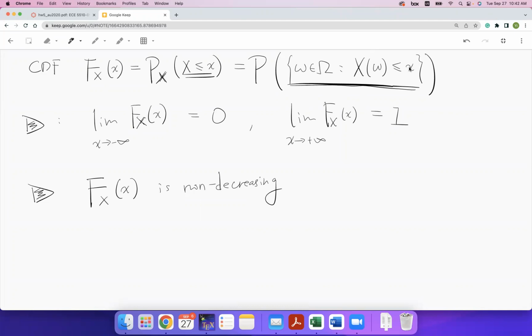Now, if this threshold is increasing, then this condition is further relaxed. So this is a weaker condition, and it is possible to include more and more outcomes into this event. And by the property of the probability law, for a bigger event, we must have a bigger probability mass. So that's why this CDF function is non-decreasing.